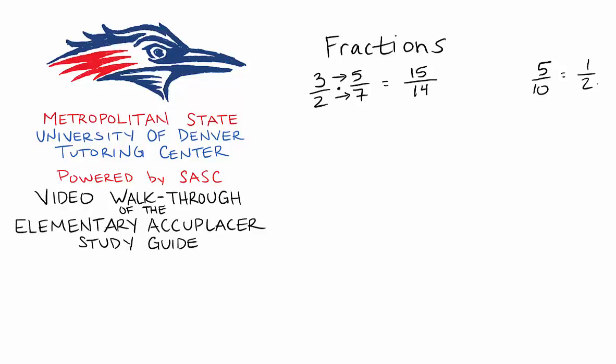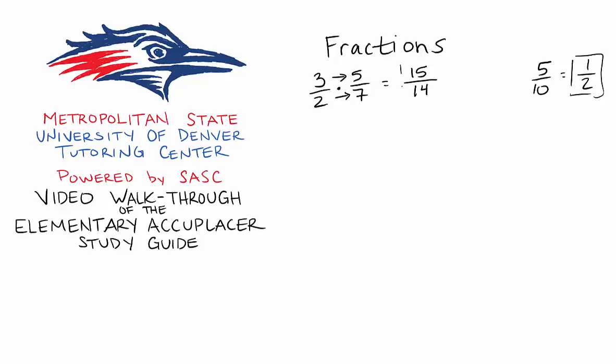A couple other notes: even though we can say, oh, well, 1 over 2, I know that's 0.5, 0.5 is not an answer that you're going to see on this test, because we don't have calculators, so there are no decimals anywhere on this test. So the final answer for this problem, if it were 5 over 10, it would be 1 over 2. As long as you reduce it, that's all you have to worry about.